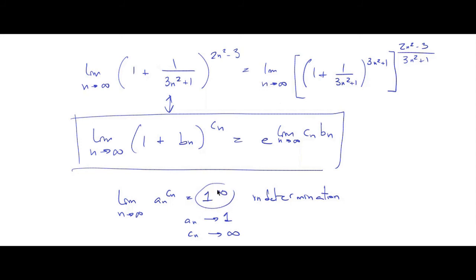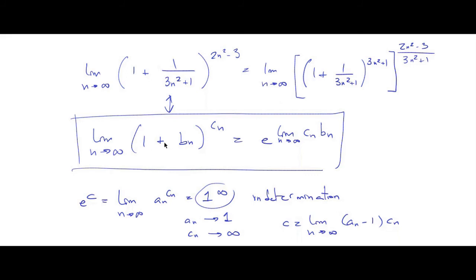Okay, this is the kind of limit. Every time you find something like this, the limit is going to be something like e to the c, where c is the limit when n goes to infinity of a sub n minus 1 times c sub n. So this is just the same that we're saying here, but with the basis of the expression being different.